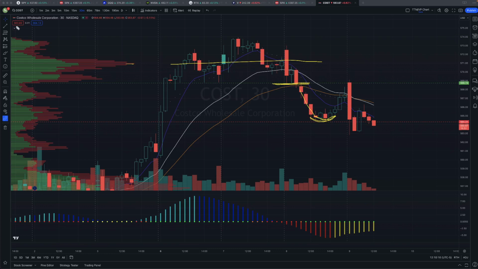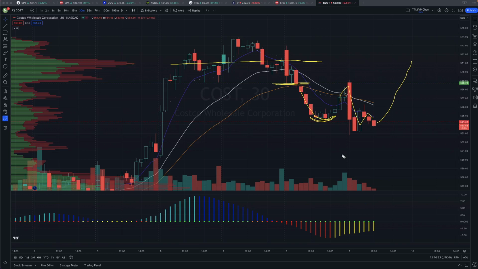So if we mark that level and we watch this trade, maybe it breaks down further and doesn't give us a chance. But if this bounces back up into this area, where's it going to find resistance? Where's it going to reject? Hopium is a new word, yes.